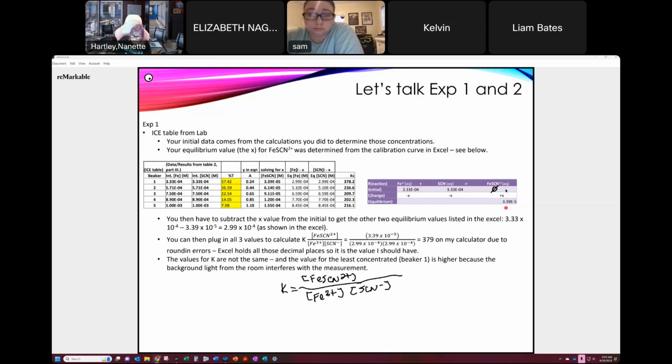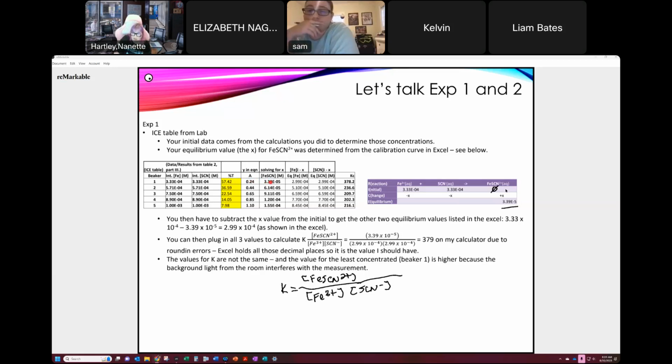One of these values comes directly from our calibration. So I know that this particular solution, this first one I'm talking about here, has a 57.42% transmittance. Now this is data that I have from previous. It's not going to match exactly what you guys have because the two groups had different values. So it's not going to match exactly. That is then converted into absorbance, and then that gives us a concentration for the FeSCN.